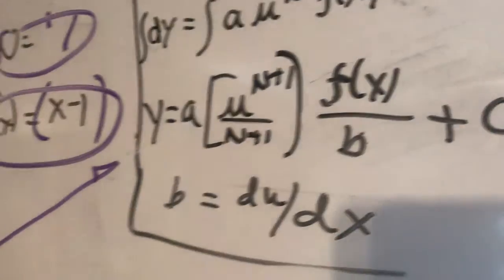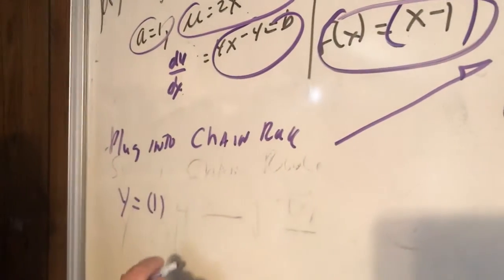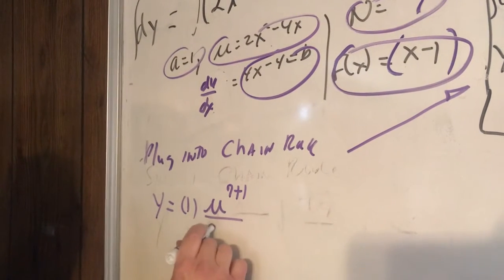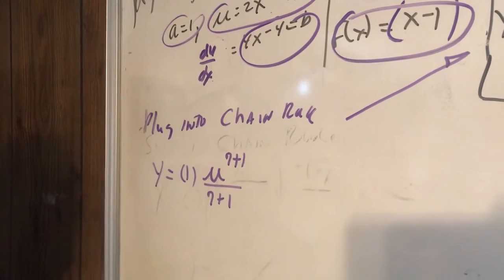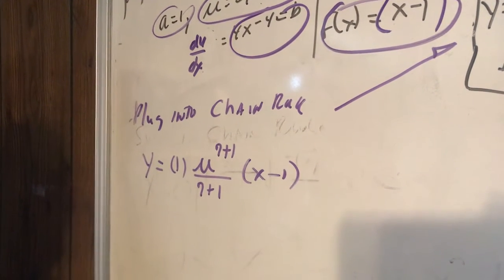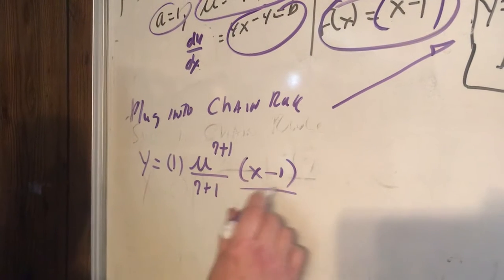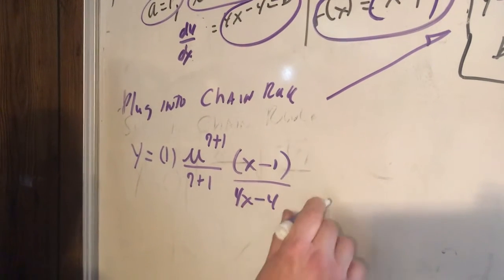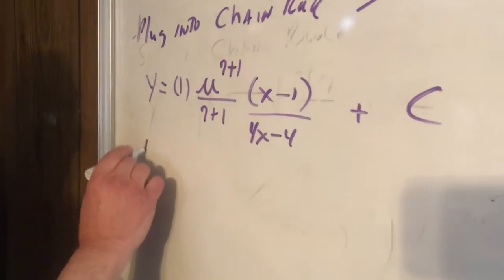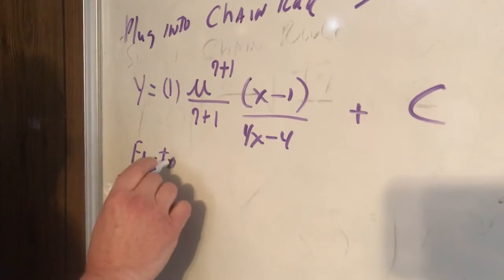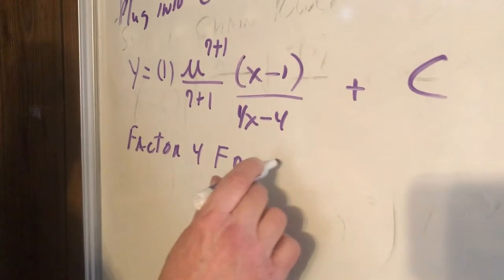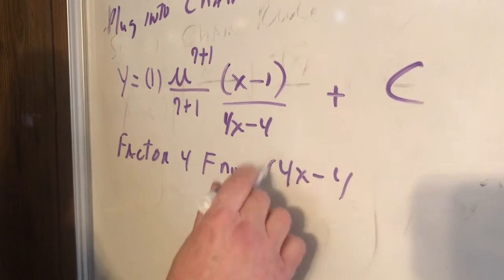So y is going to equal a, which is 1, u to the 7 plus 1 over 7 plus 1, f of x, which is x minus 1, divided by b, which is 4x minus 4, plus c. Now, I have to factor out a 4 from 4x minus 4.